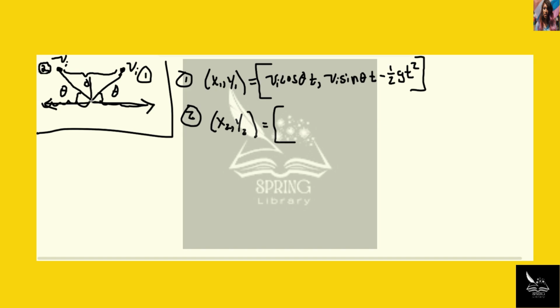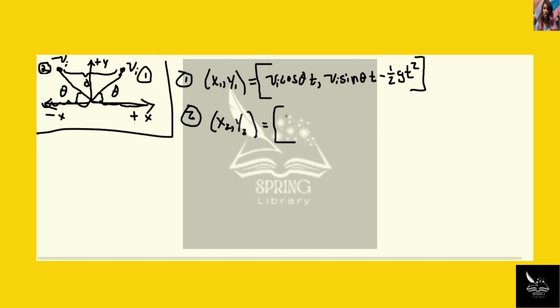Here's my axis system. This is positive y. This is positive x. So then everything matches up with this one. But since this is the minus x direction, my position for x has to be negative.